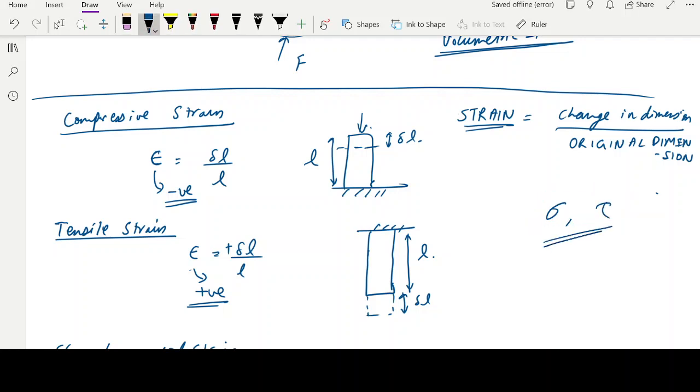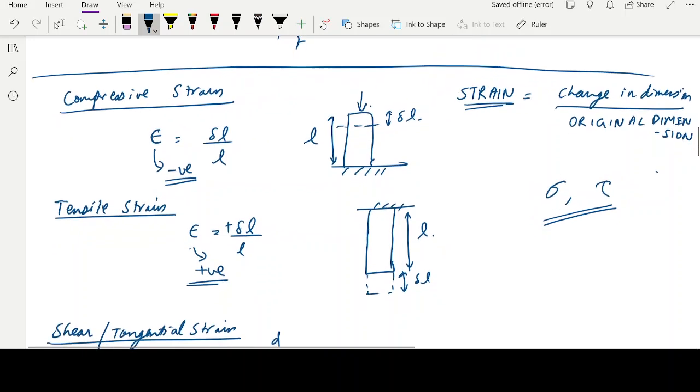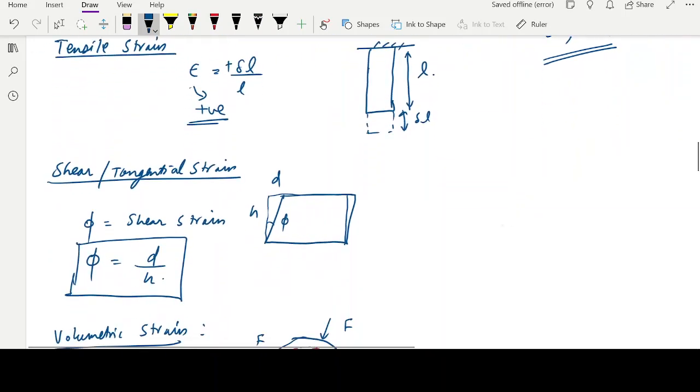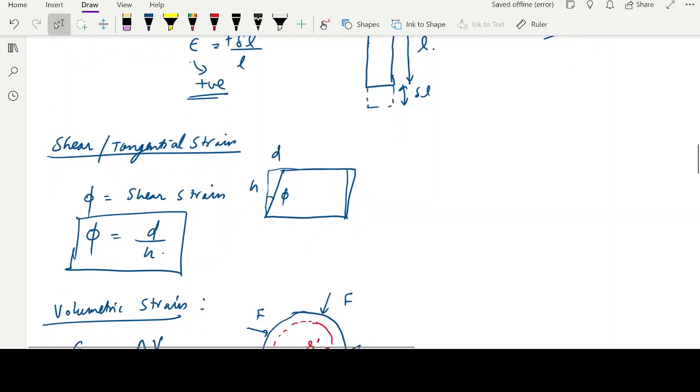Moving ahead, shear strain. I have already thrown a bit of light on that while explaining the shear stress. So phi is equal to d by h. This is known as shear strain.